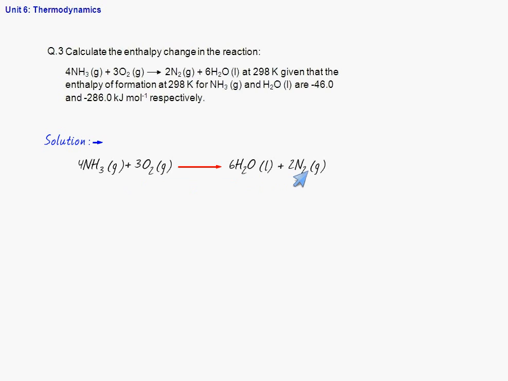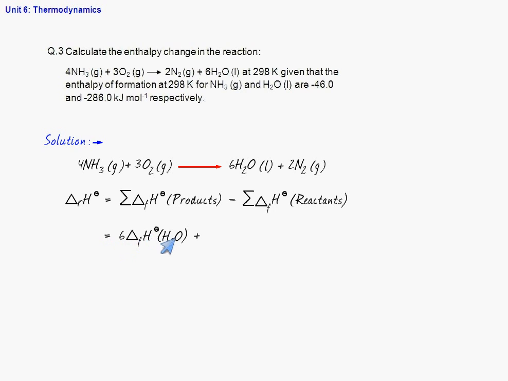So obviously delta rH naught is equal to 6 delta fH naught of water plus 2 times delta fH naught of N2 minus 4 times delta fH naught of NH3 plus 3 times delta fH naught of O2.